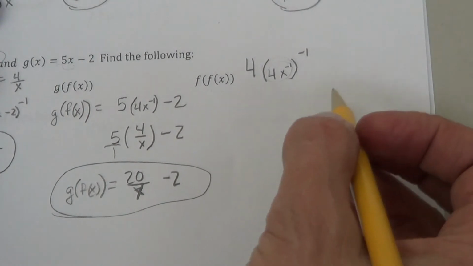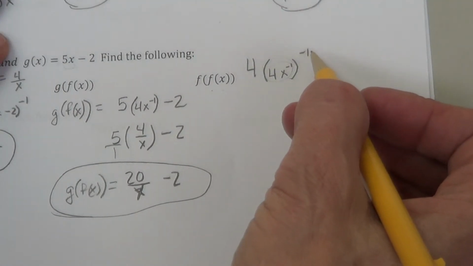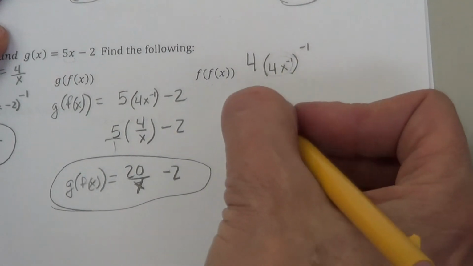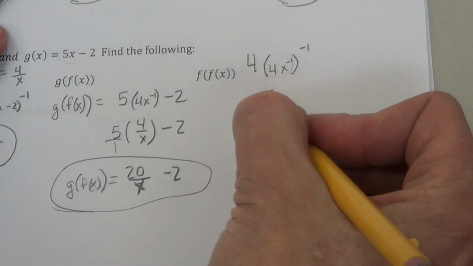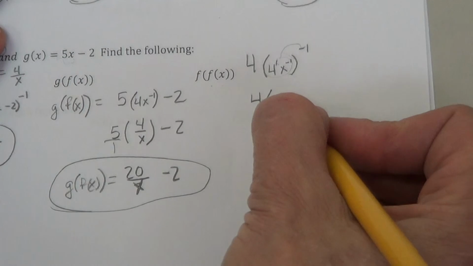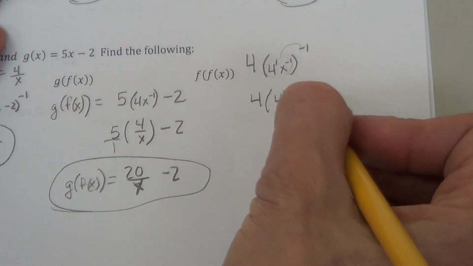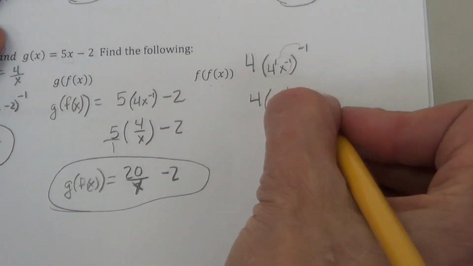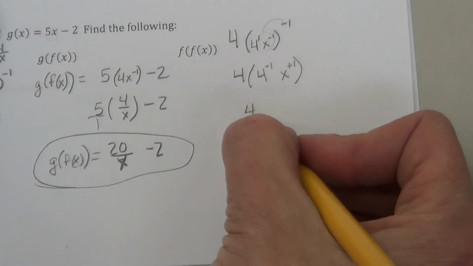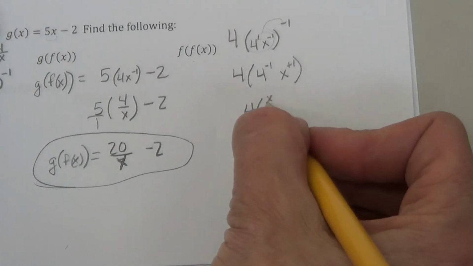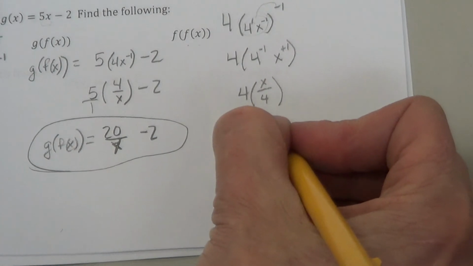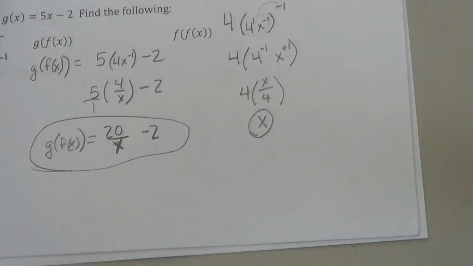So now we can bring this negative 1 into each of these factors. That 4 would have a 1. Now when we multiply it, it becomes 4 to the negative 1. x will become positive 1. And now we have 4 times x over 4, which becomes x as our final answer.